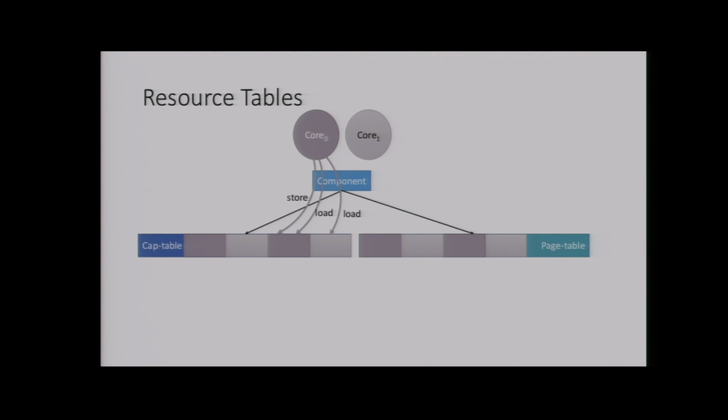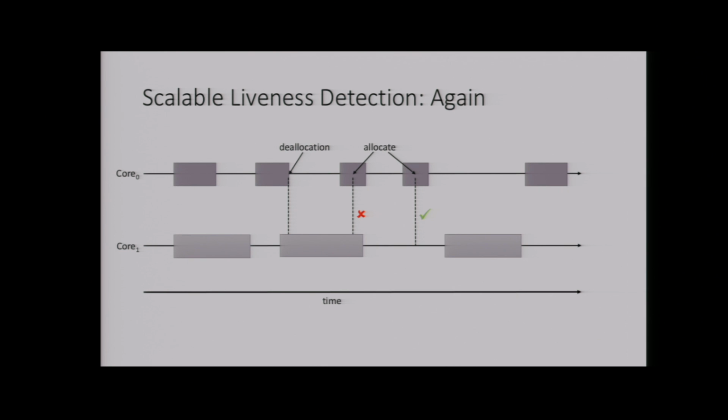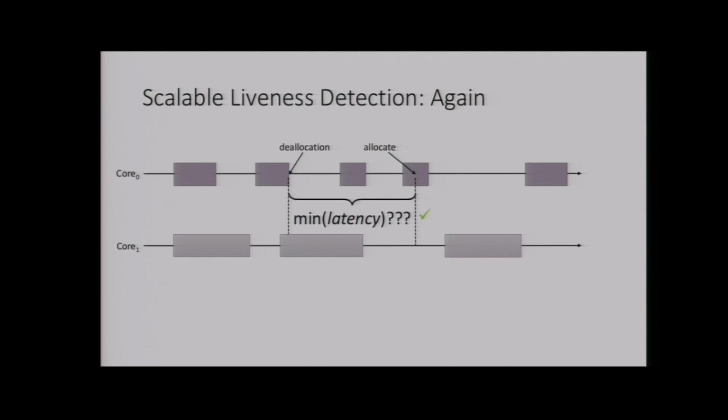So we have exactly this problem again that we had before. But now we want to more aggressively use time. I don't want to use time by keeping thread local information and whatnot. Instead, I want to use a very specific peculiarity of how we design this specific system. It might be applicable to some other systems out there. We've seen this. The question that we want to answer is, what is the minimum latency for the grace period?